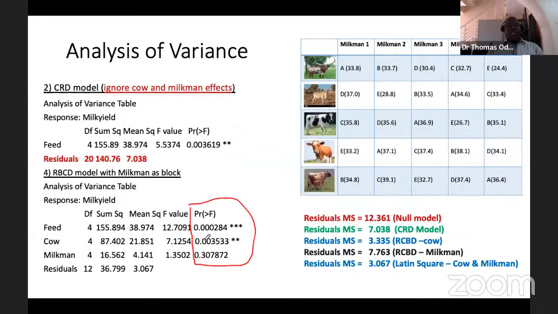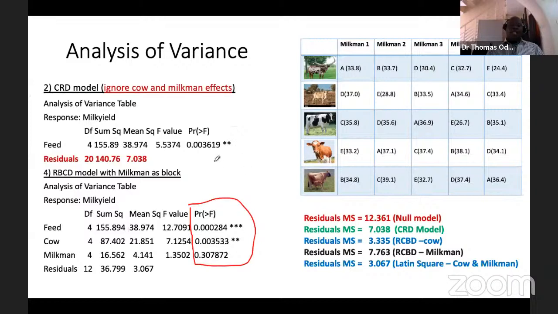So here you can see that the probability is 0.00284. Here you have 0.003533. And then here you have 0.3.